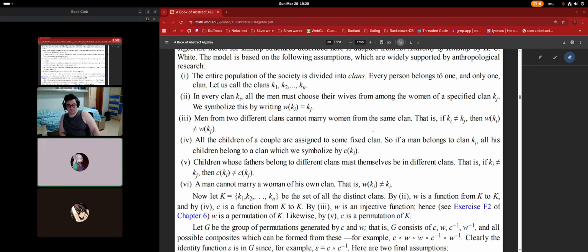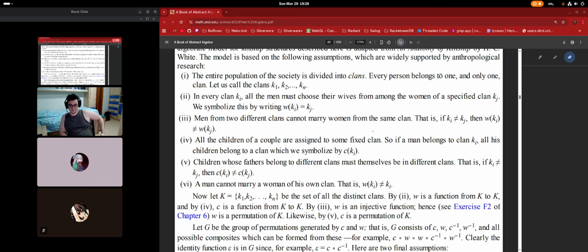Let's say there are clans A, B, and C, right? It doesn't really matter what clan your father is from, whatever C happens to be. As long as all the kids have the same father, they will belong to the same clan, right?